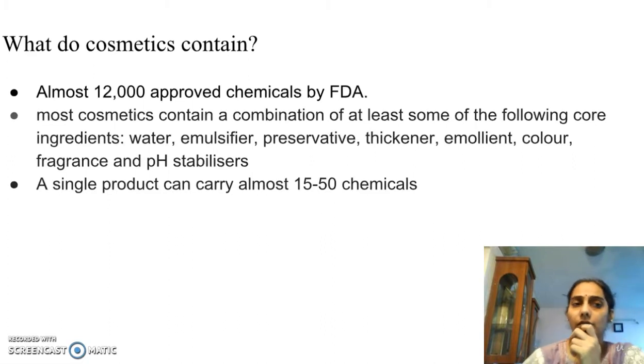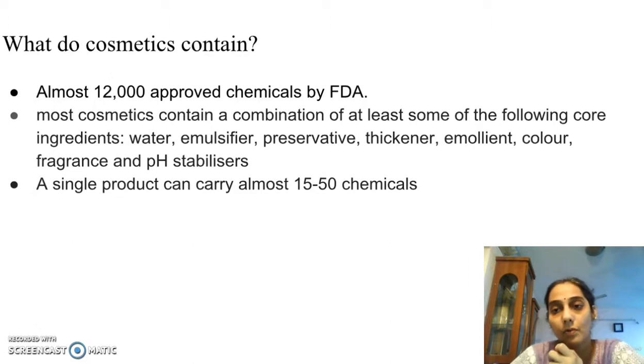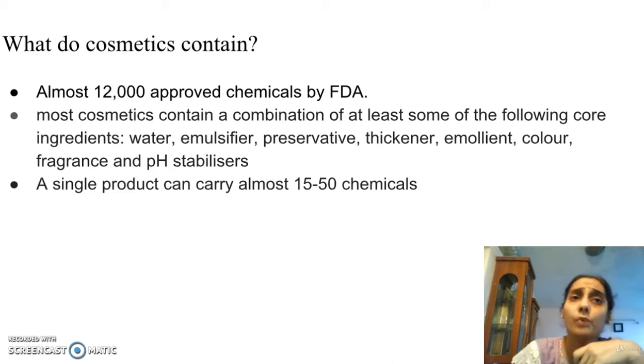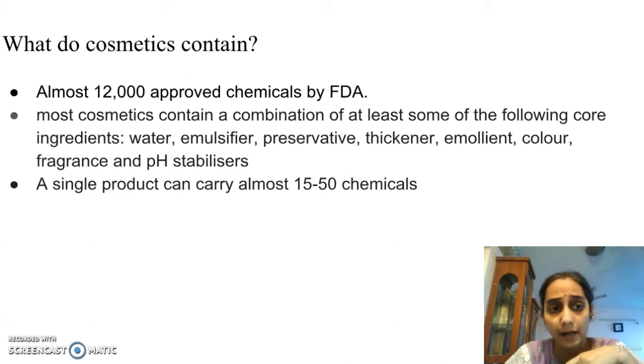So what are cosmetic chemicals? Cosmetics can contain almost 12,000 chemicals that are approved by the FDA. Most cosmetics contain a combination of at least some of the core ingredients. The core ingredients are the ingredients that are essential to make a product.